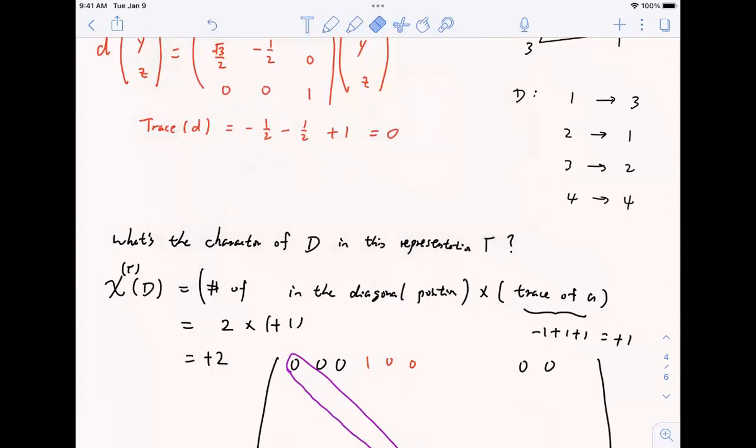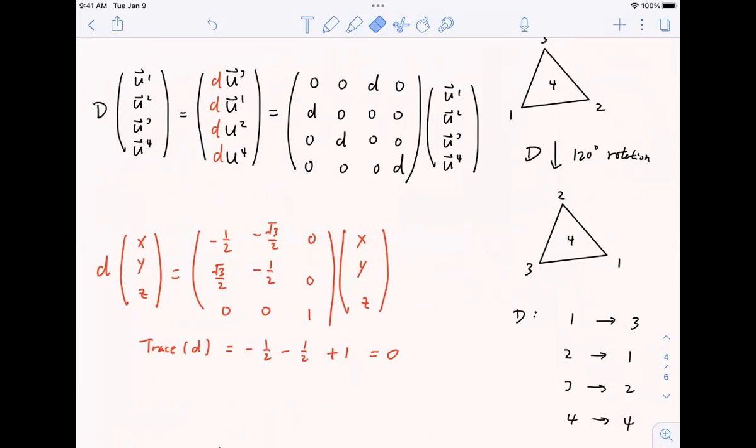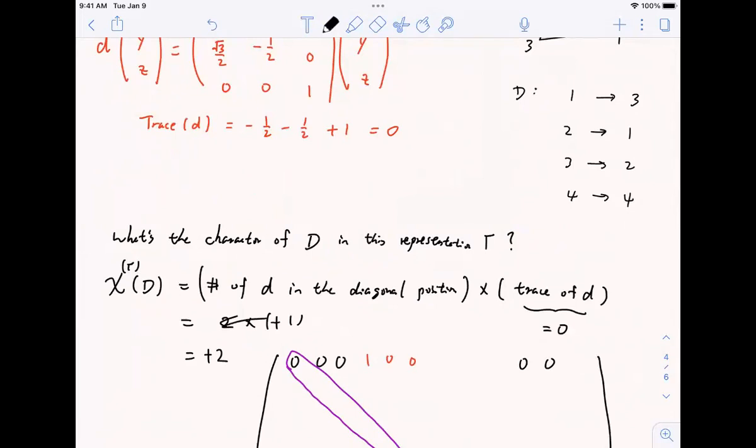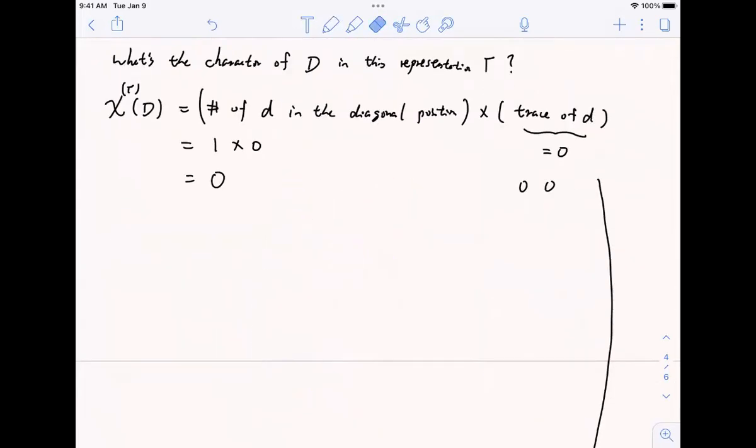You just replace it with the number of D in the diagonal times the trace of D. In this case, the trace is 0, and the number is 1. You only have 1 D. So this will be 1 times 0, and the result is 0. Let me delete all of this.